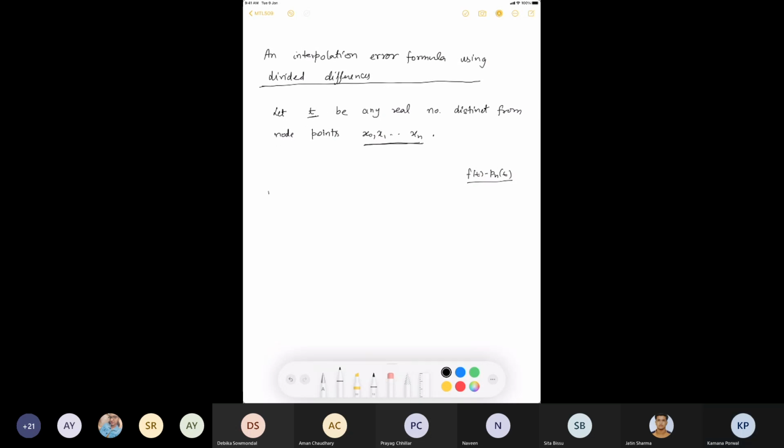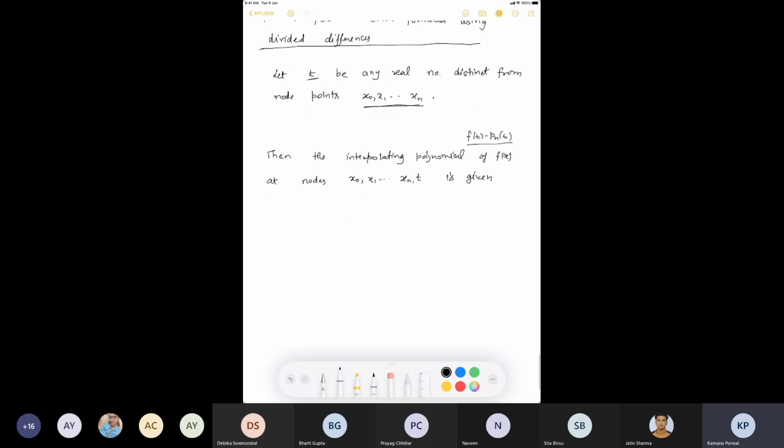So the interpolating polynomial of f(x) at the nodes x0, x1, xn, and t is given by, let me write this way, the polynomial interpolating f(x) at these nodes.